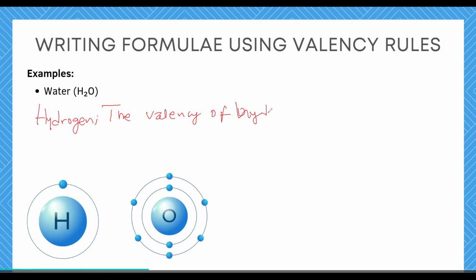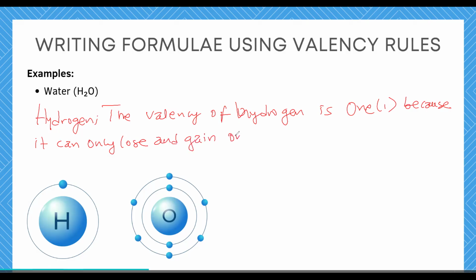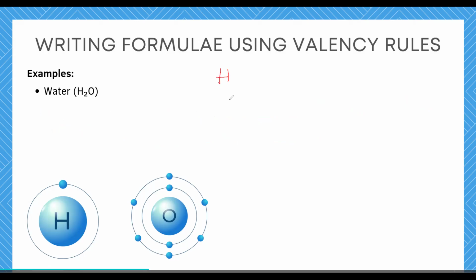The valency of hydrogen is 1 because it can only lose and gain 1 electron. Have you written that down?